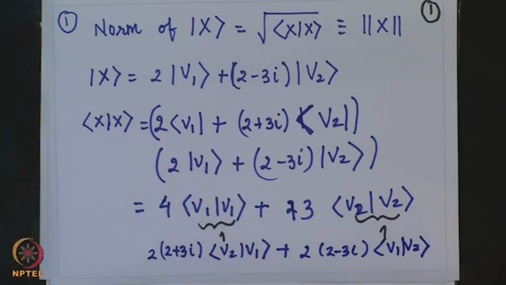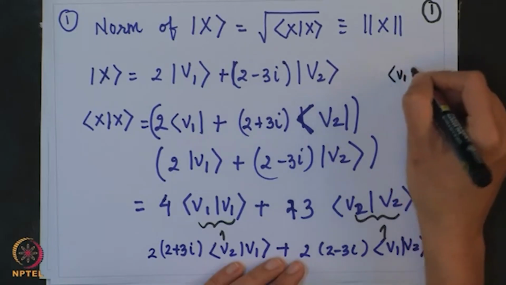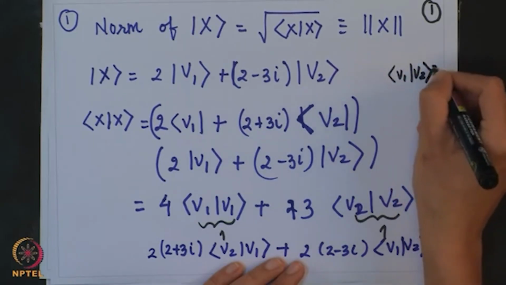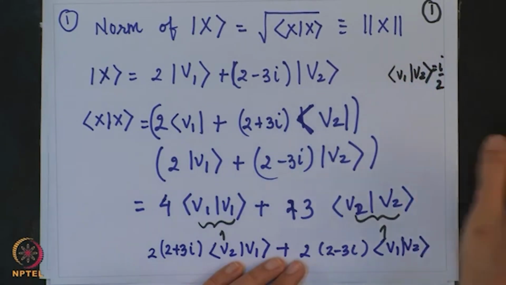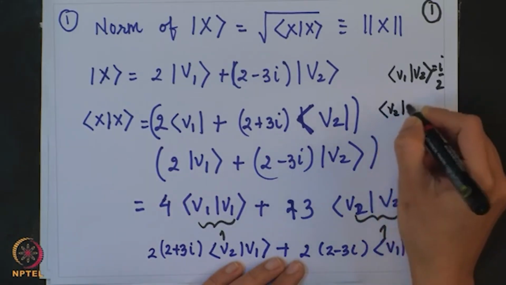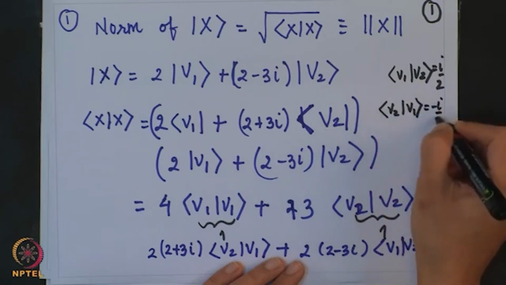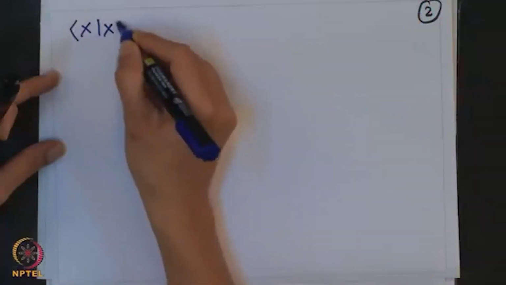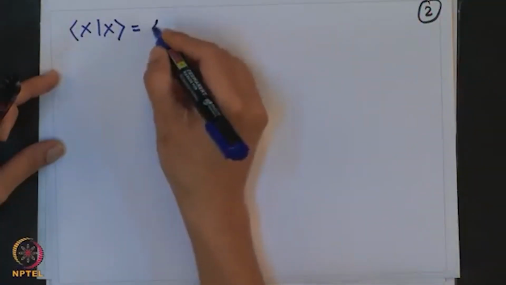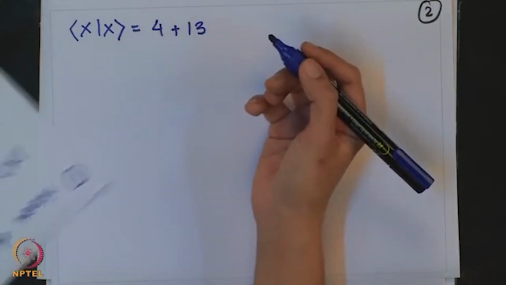We are also given in the data that <v1|v2> is nothing but i by 2, and so the complex conjugate, <v2|v1>, will be minus i by 2. So I will use this. Now we calculate <x|x>, which will be simply 4 plus 13.